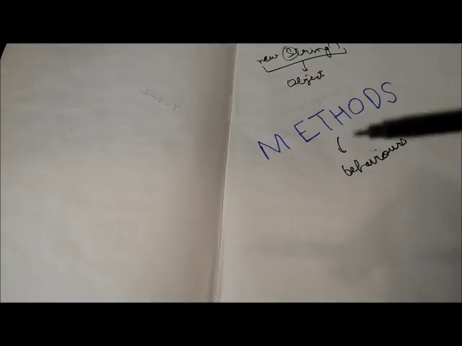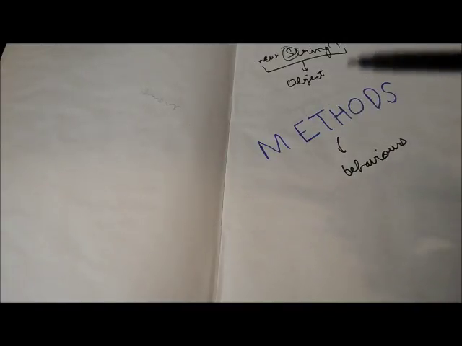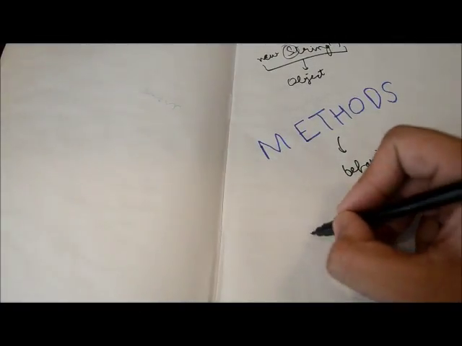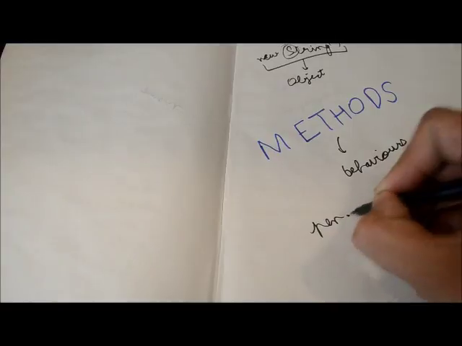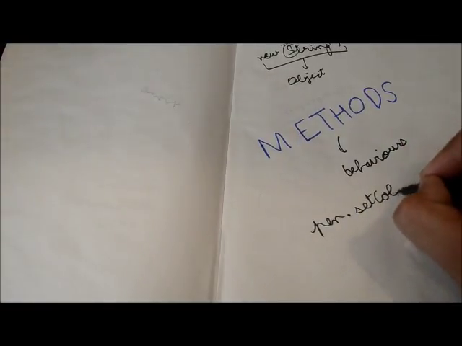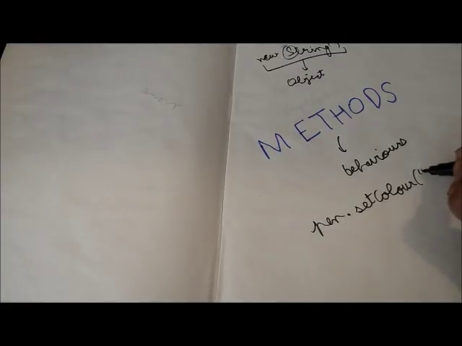But suppose we want to change the color of this pen, we change the refill, right? So we say pen dot set color to, I don't know, I like red.